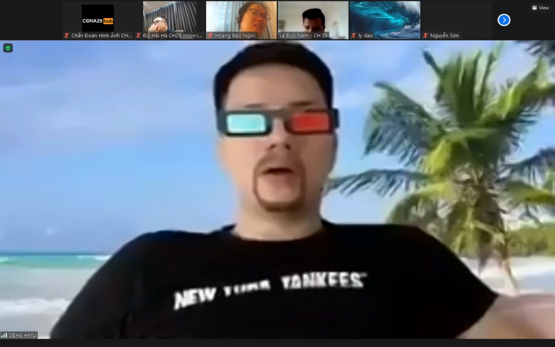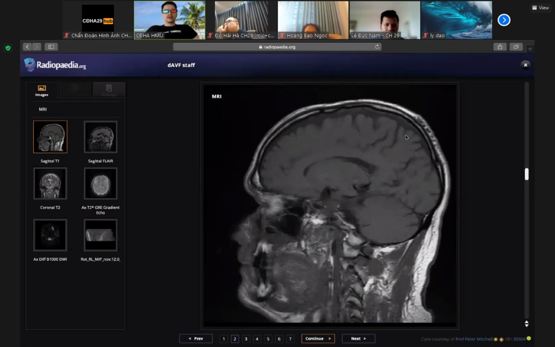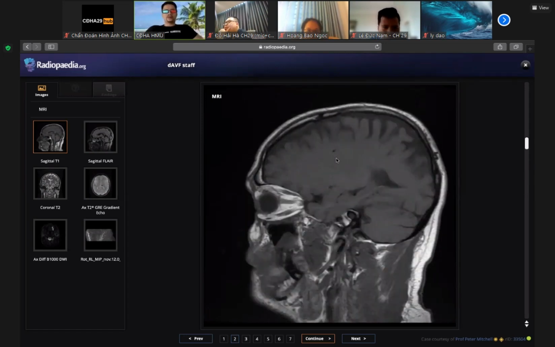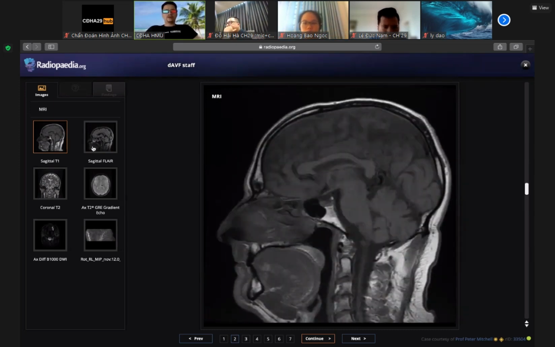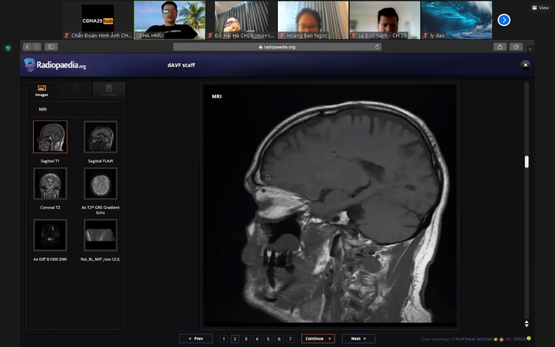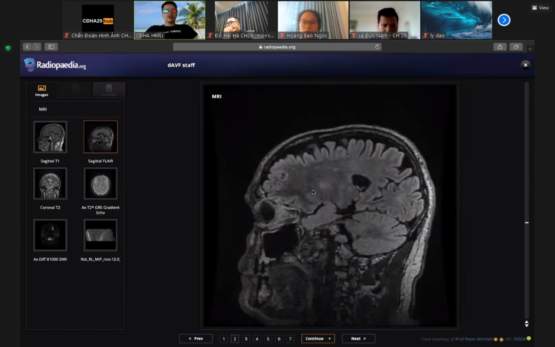Okay, so I'm going to share my screen now, and I think that our target today is how to make a diagnosis, or how to suggest a dAVF on MRI or on CT scan, right?